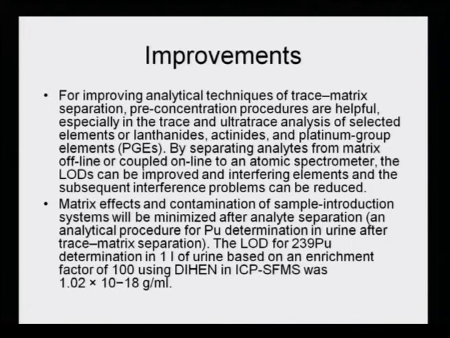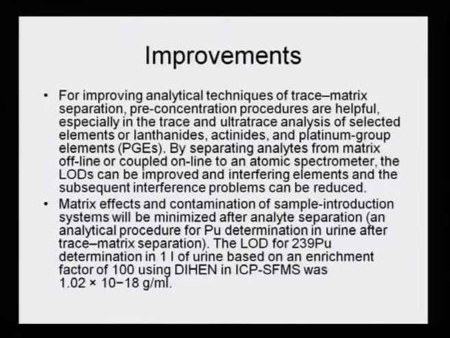So, what does it mean? It means that even for rare earth element analysis, like the lanthanides, the actinides and the platinum group elements, which are very difficult to analyze or which exist in trace, ultra trace quantities, even there these spectrometers can be easily used.